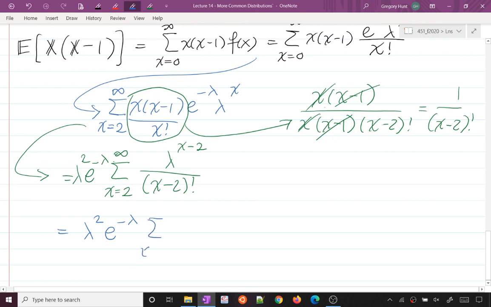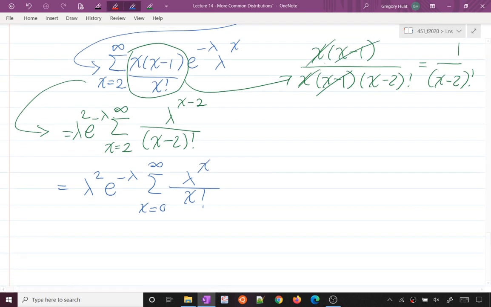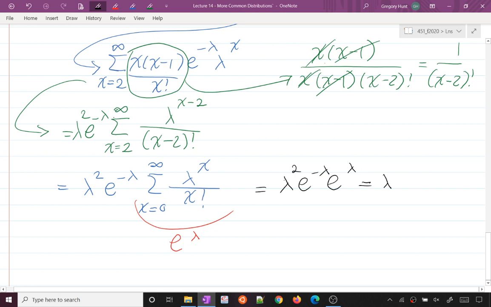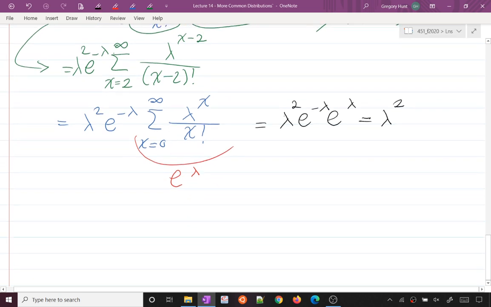Let's decrease our index by 2, which means we increase it by 2 in the summand. So we get an x factorial in the basement, lambda to the x. And this whole thing here, of course, is just e to the lambda, because that's the Taylor series of e to the lambda. And so we're left with lambda squared e to the negative lambda e to the lambda, which gives us just lambda squared.